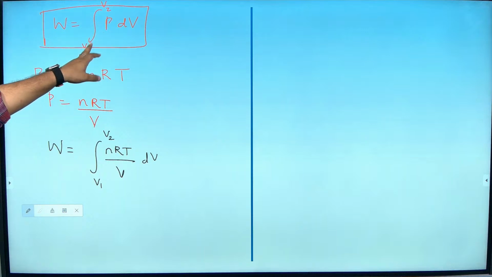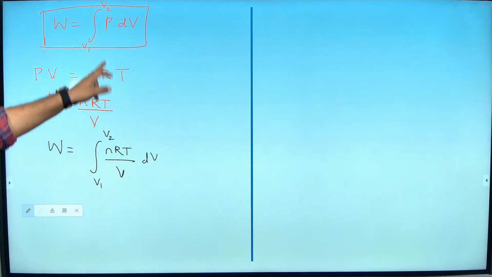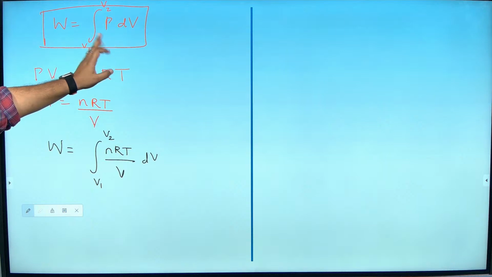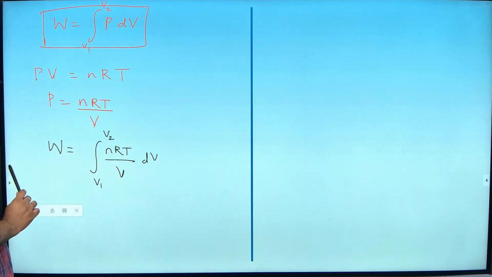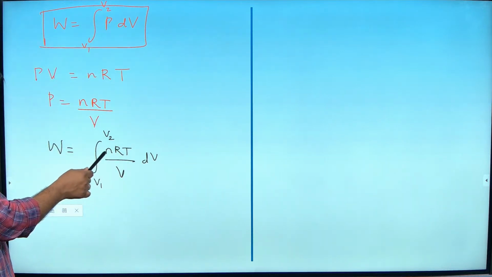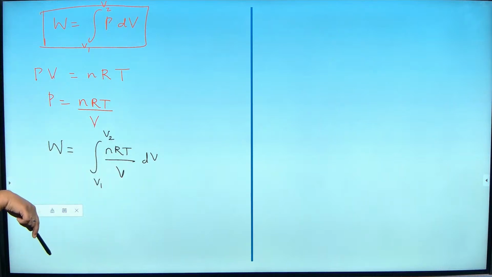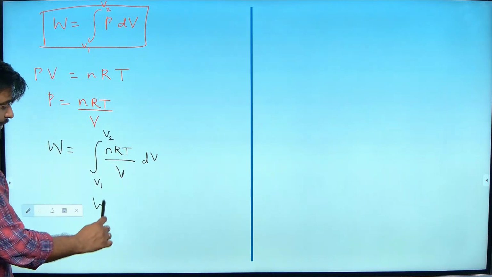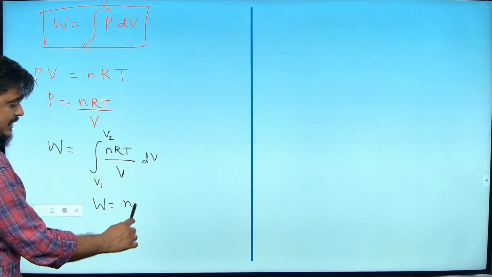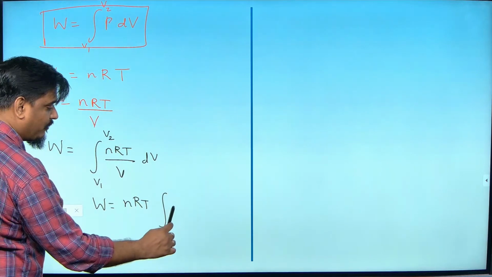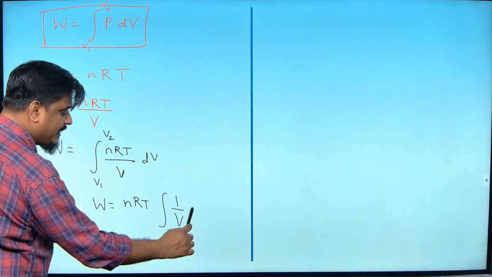No, because here P is linked with volume and volume is a variable, not a constant, right? Now nRT, everything is constant. R is the gas constant, n is the number of moles, and T is the temperature, which is constant in an isothermal process. It will come outside, work done will become equal to nRT outside the integral of 1 by V dV.